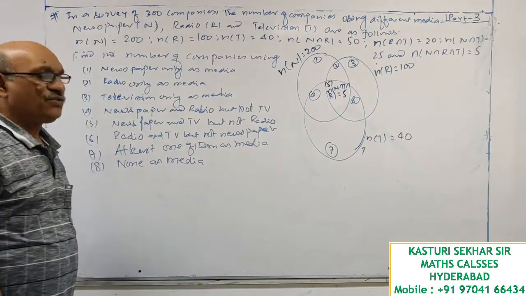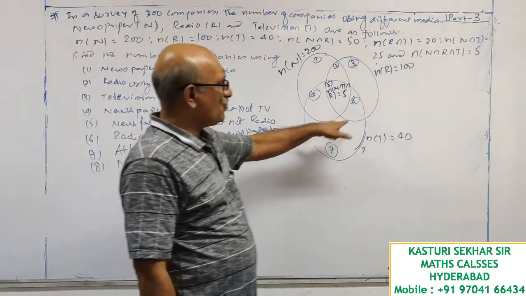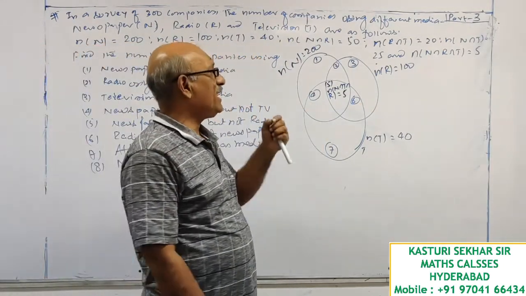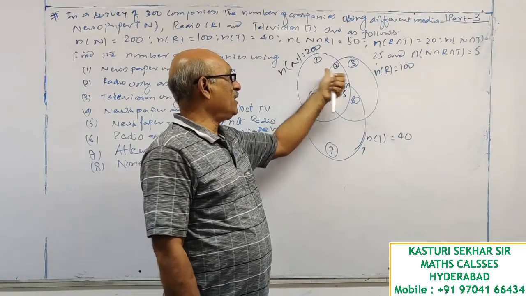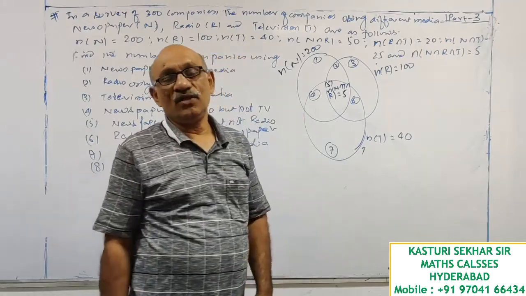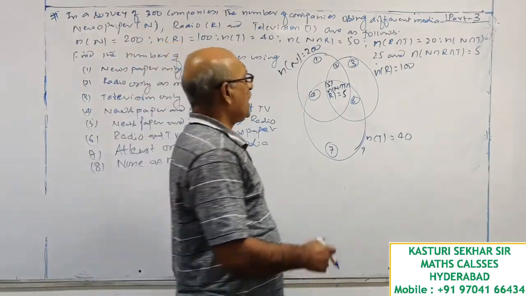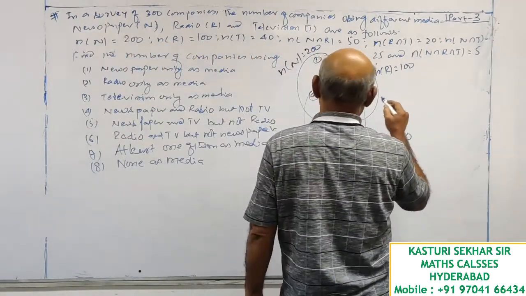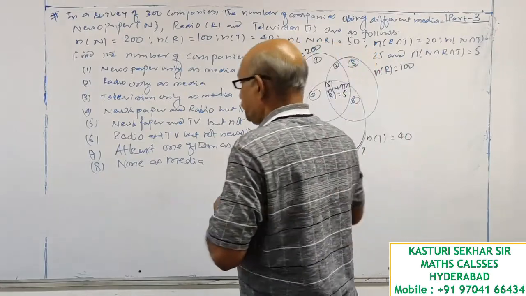This way information is given. Remaining blanks we have to fill up. Remaining blanks in the sense this part 1, 2, 3, 4, 6, 7. These are the calculations required. Look at the part 2.